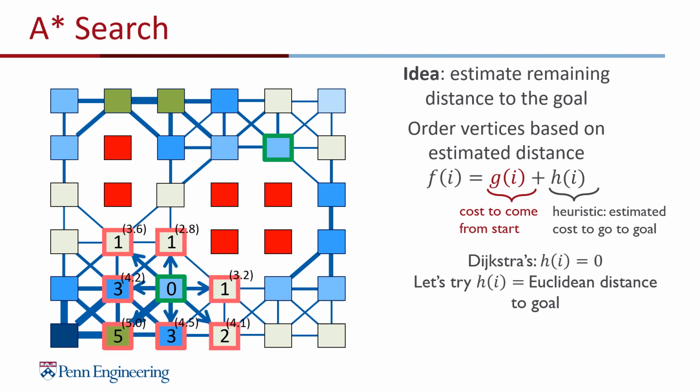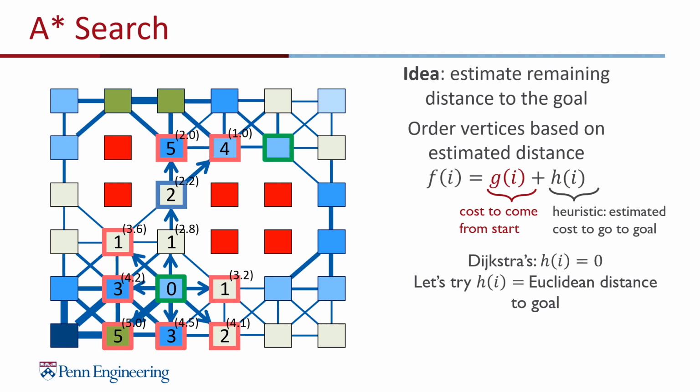Let's show the previous expansion that we did before, where we include also Euclidean distance as our heuristic, shown here in parentheses. We're going to start out by expanding the node with the lowest value of both the cost to come and the cost to go, which over here is going to be 1 plus 2.8, 3.8.